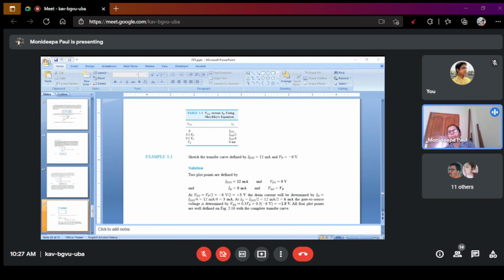IDSS is 12 milliampere means saturation current, maximum saturation current IDSS. So IDSS is equal to 12 milliampere means when VGS is equal to 0. So you write IDSS is equal to 12 milliampere and VGS is equal to 0.